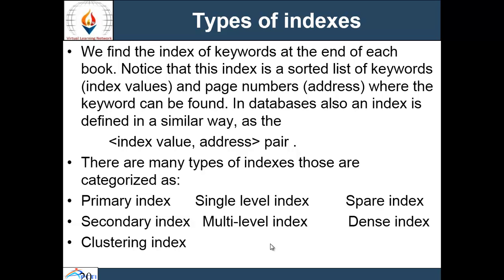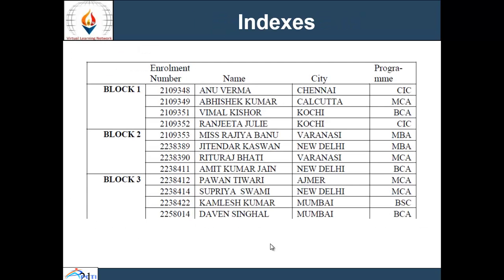In the primary index, the index file contains a sorted sequence of records having two columns, that is, the ordering key field and the block address for that key field in the data file. The ordering key field in this index can be the primary key of the data file.